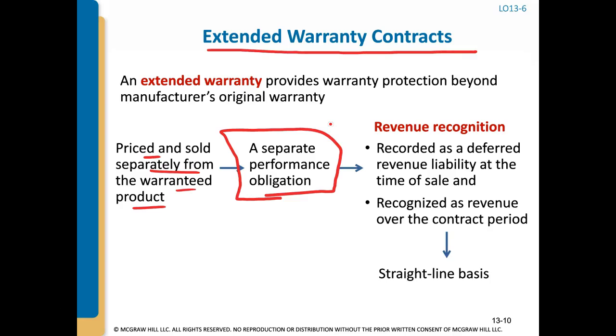That is a type of deferred revenue, right? Because we're collecting the cash in advance, I would debit cash for however much and record a deferred revenue. Now, with extended warranties, you record the deferred revenue at the time of the sale, and then you recognize that revenue into the income statement over the contract period using a straight line basis.